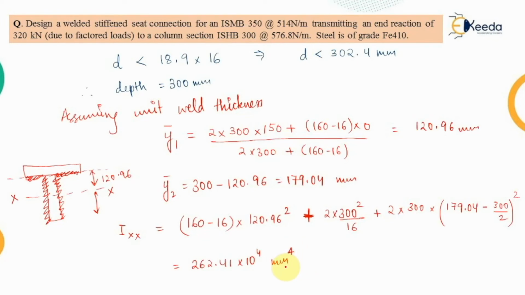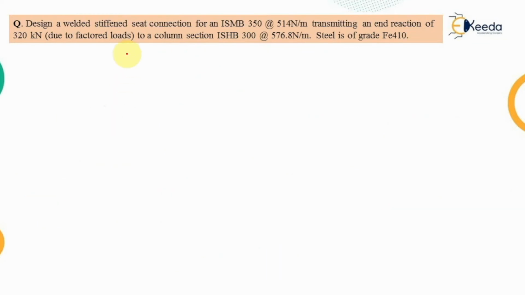Now from here we will calculate the vertical shear and the horizontal shear, and based upon that we will find out the resultant stresses. So the vertical shear that we are getting here is for the unit thickness.